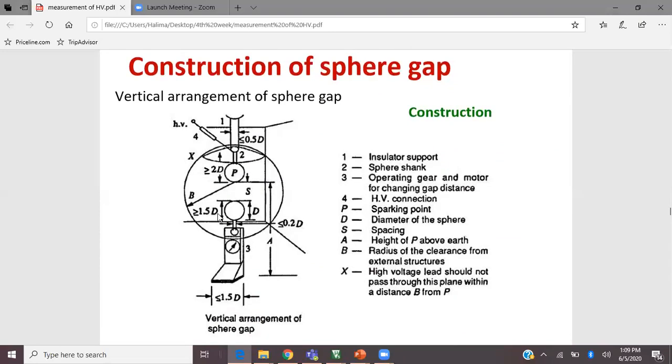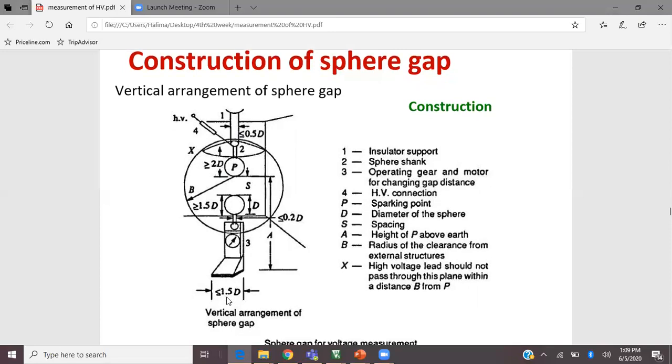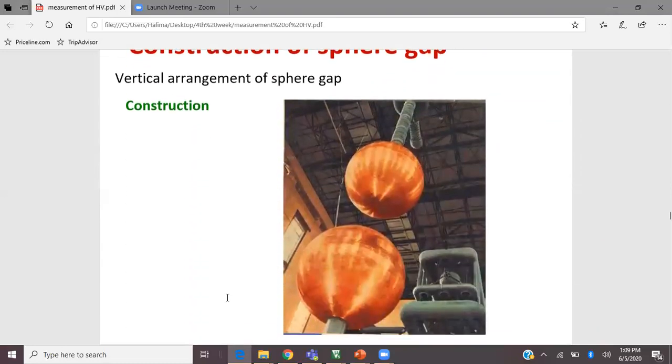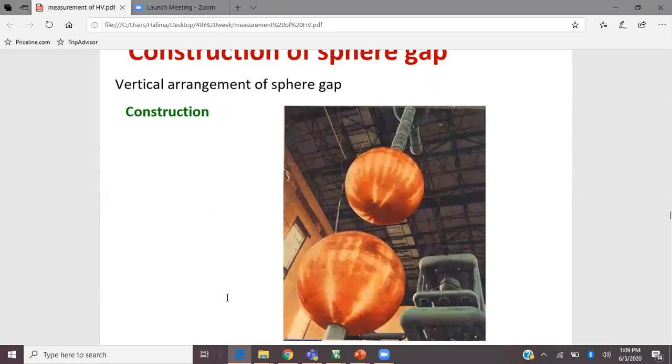Similarly, here it should be greater than 1.5D, and similarly the other spacing arrangements are written for the vertical arrangement. This is the real practical construction of the sphere gap, with the help of which you can calculate the measurement of the voltage.